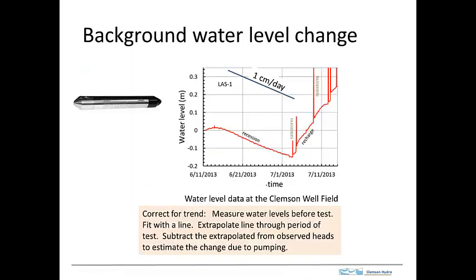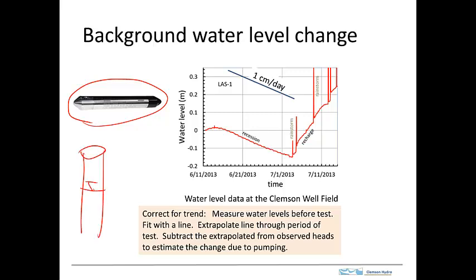So if we look at this same signal at the well in Clemson, this is at the lower well field in the bottoms, or in the lower well field in the botanical gardens. Then we've got a transducer that looks like this, and it's hanging in the well. And so our well is here, there's a water level, and we've got a wire that hangs this transducer down here, and it measures the water pressure like that, and records it internally.